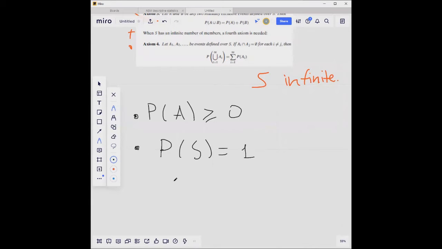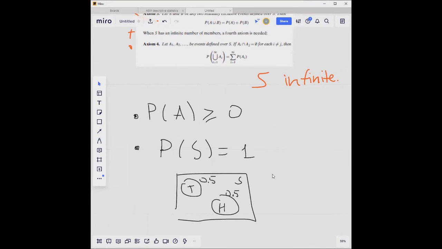If we look at an experiment where we are tossing a coin, and you define heads and tails in your sample space, let's say tails with 0.5 probability and heads with 0.5 probability, then no other outcome is possible. If you want to define an event where your coin lands on its side, you have to define it in your sample space. Okay.